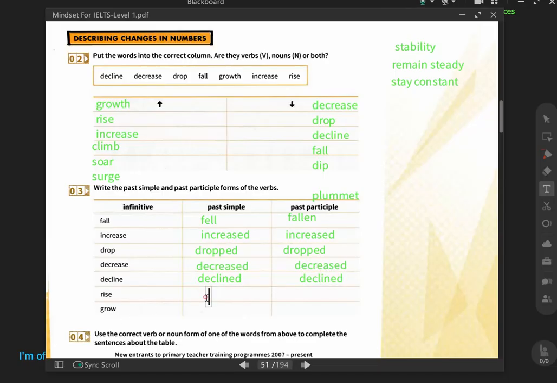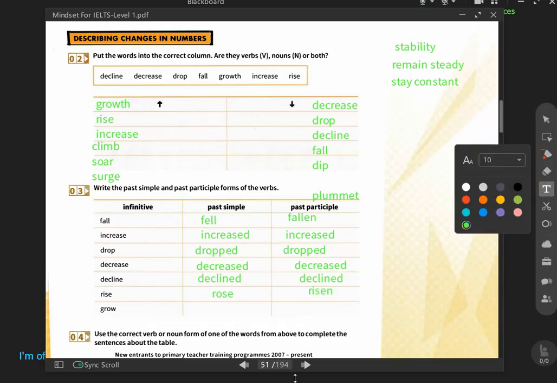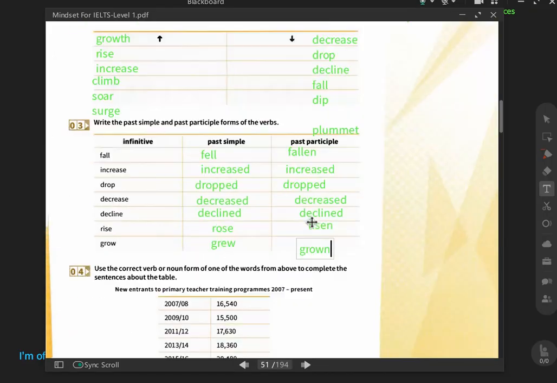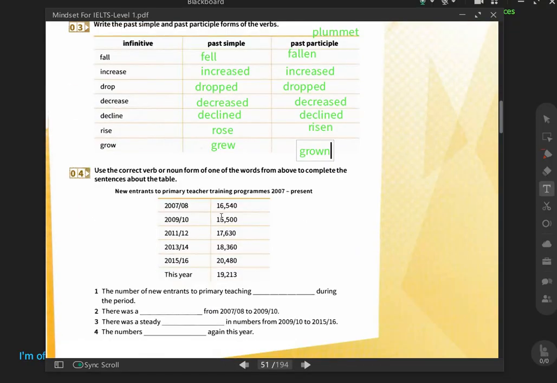And rise, rose, and risen. Grow, grew, and grown. Okay, so now you know the past participle and past form of these verbs.